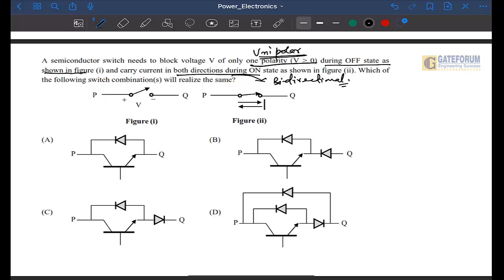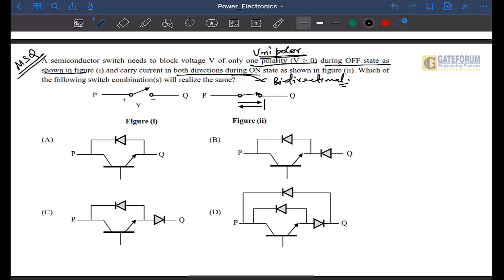Which of the following switch combinations will realize the same? This question was MSQ, so there is a chance of multiple correct options, and we need to be very careful.